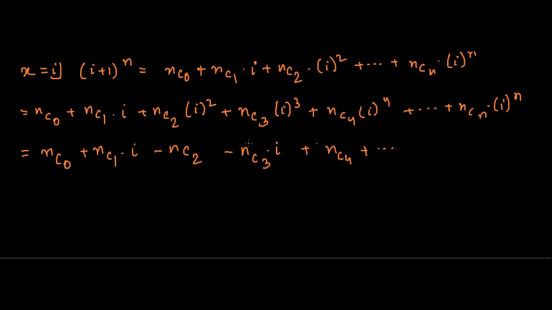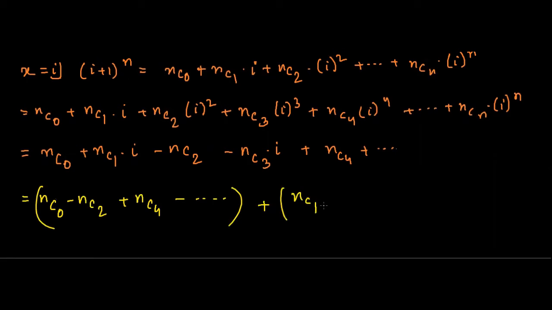Now, if we arrange these terms as real and as complex with i, we get this is the same as nC0 minus nC2 plus nC4 and it continues. It must be a minus if you guessed, and plus nC1 minus nC3, and after this it will be plus nC5 and so on, multiplied with an i.